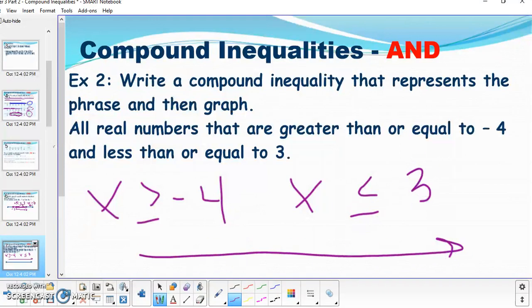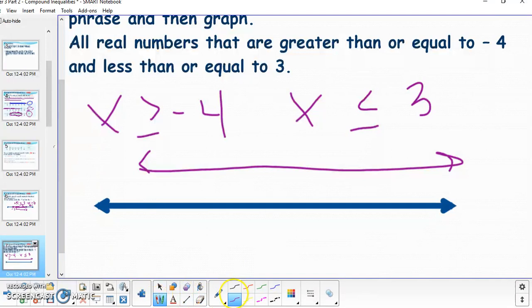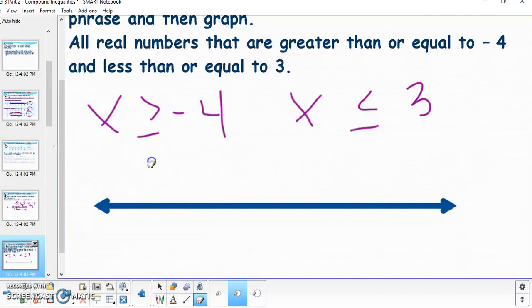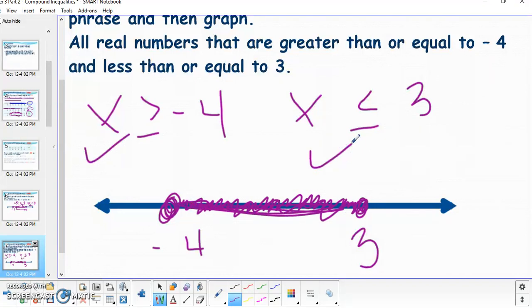If I graph this, I already know I have both closed circles simply because the equal to sign is underneath. So closed circle at -4, closed circle at 3, and I am shading all the way from one point to the other, meaning all of these numbers in that interval make the statement true for both inequalities.